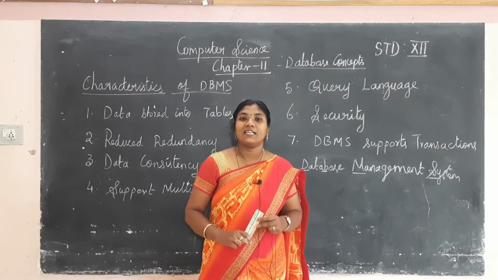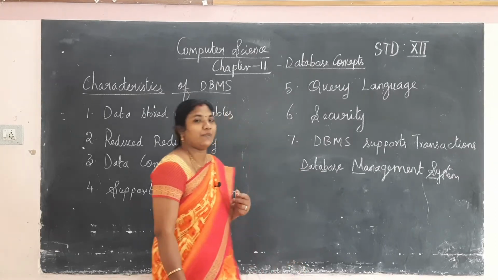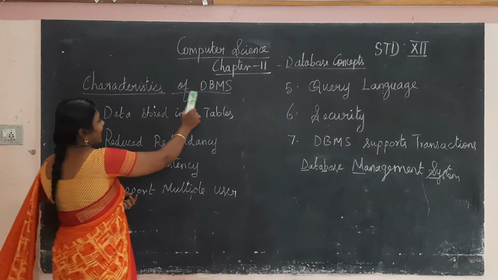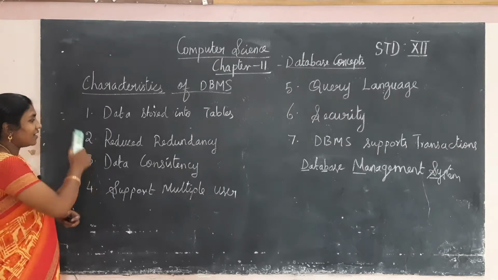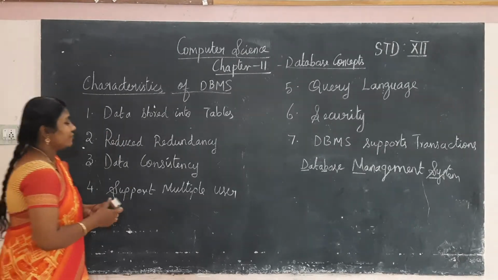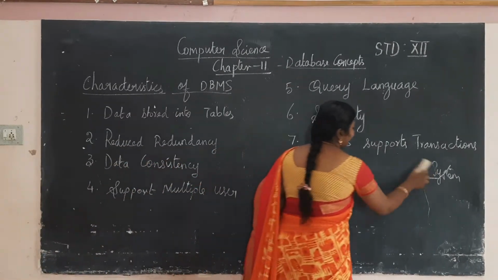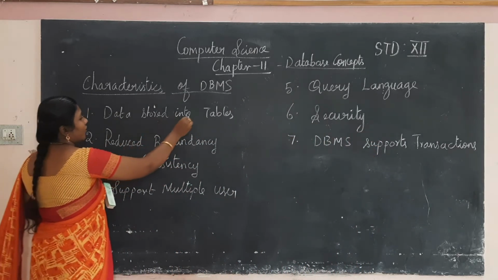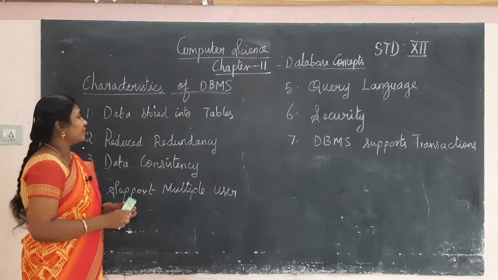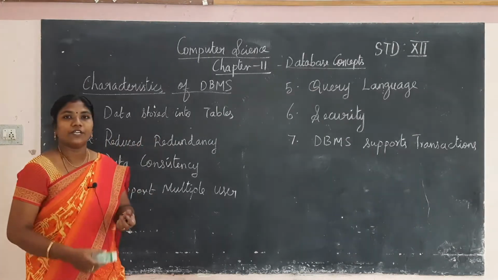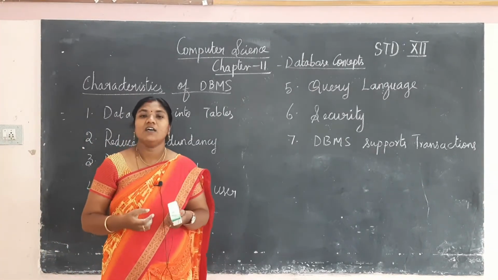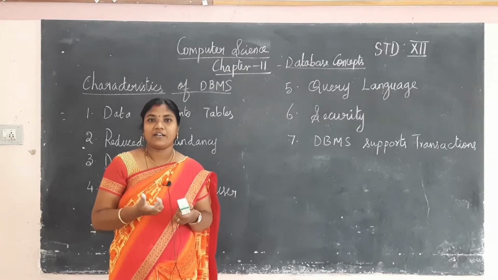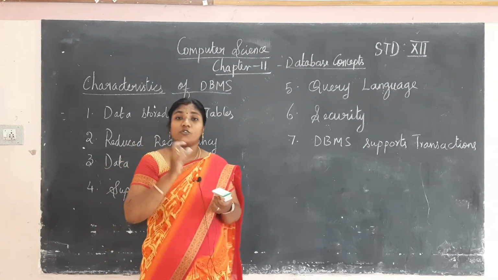Now let us see the characteristics of DBMS. There are 7 characteristics. The first one is data stored into tables, which means whatever data we put into the database is stored inside a table.